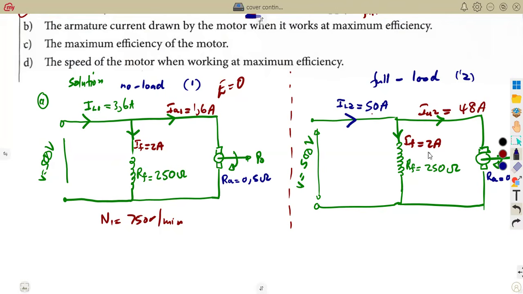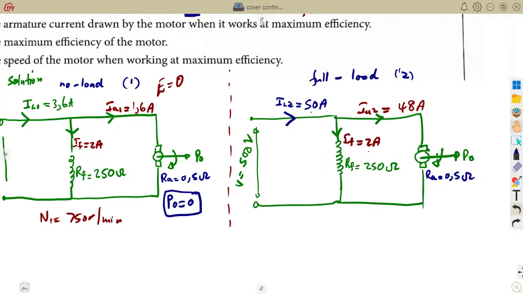And remember, I said at no load, the output power will be equal to 0, which is not the same here. The output cannot be equal to 0 when there is a certain load. So the question was to calculate the efficiency at full load.